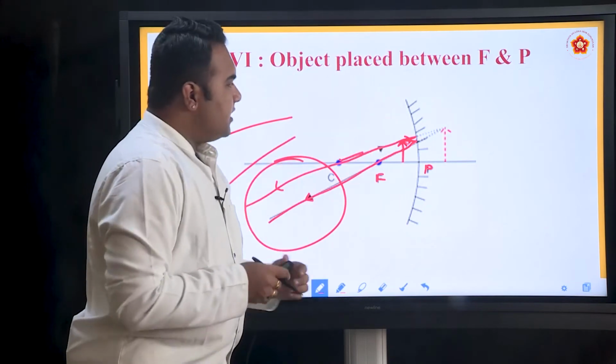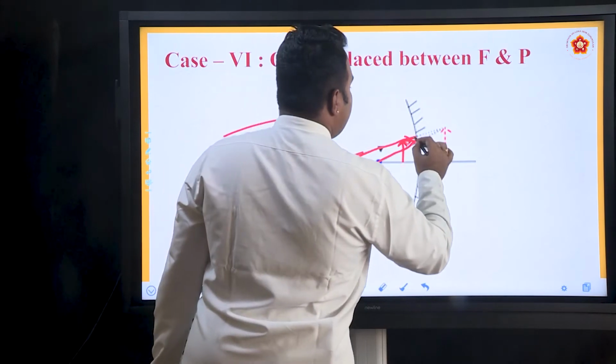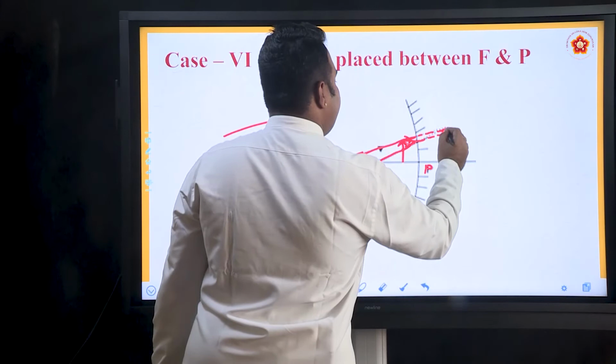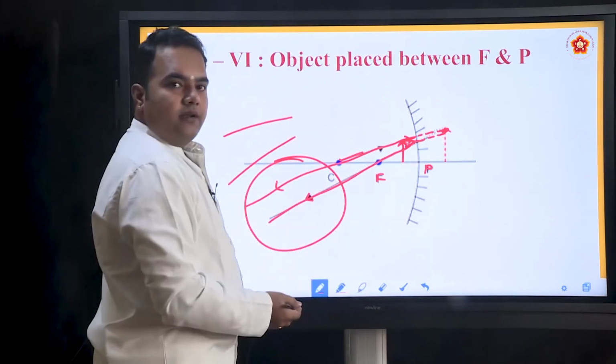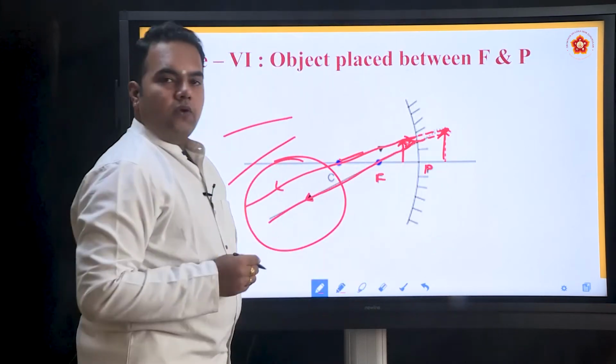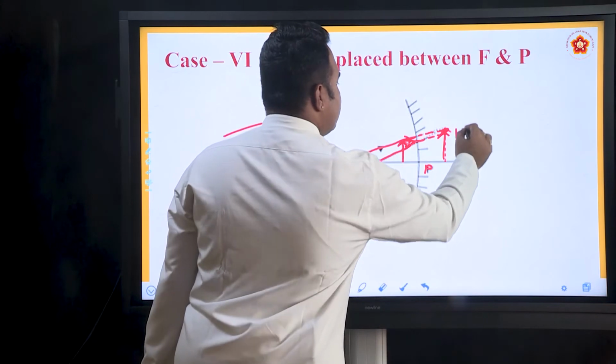And on the other side of the mirror, suppose these two rays of light are hitting and going. Suppose you extend them and they meet somewhere inside the mirror, this is how the image will be formed. In this particular case alone, we will be getting an erect image and the image formed will be virtual in nature.